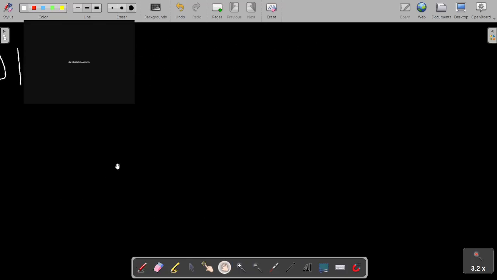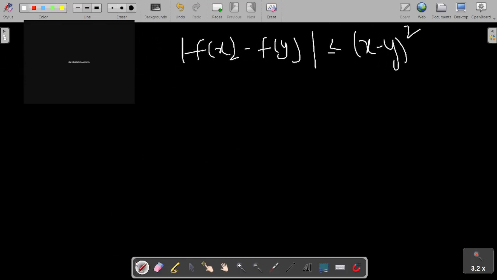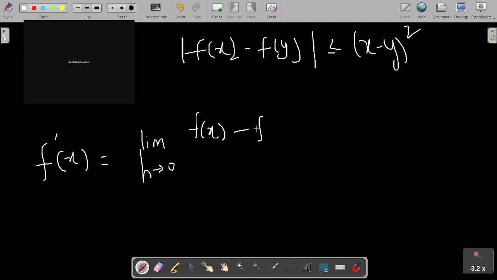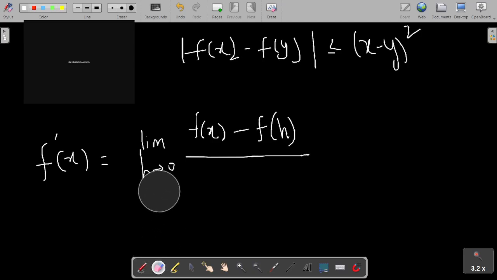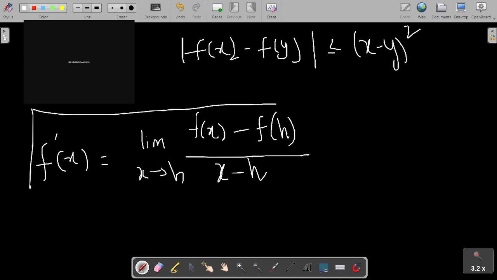So we need to know this form of derivative, that we can write f dash of x as limit x tending to h of f of x minus f of h, and at the bottom, this is x minus h.